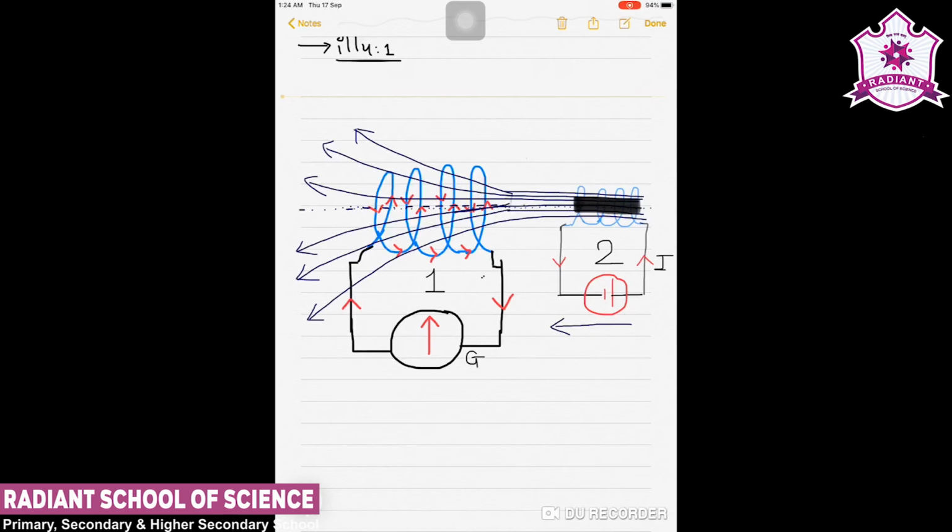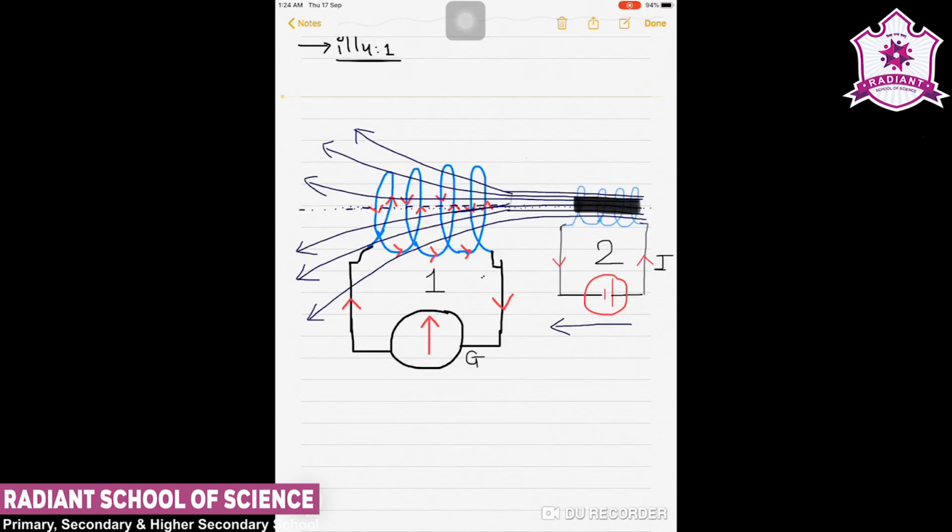Now the third thing we can do is arrange all these things. That means we put the rod, we apply a larger power supply, and third, we can move this total arrangement towards coil 1.